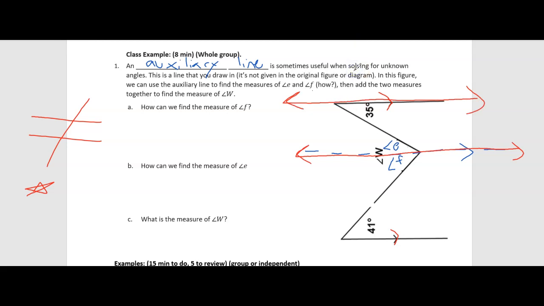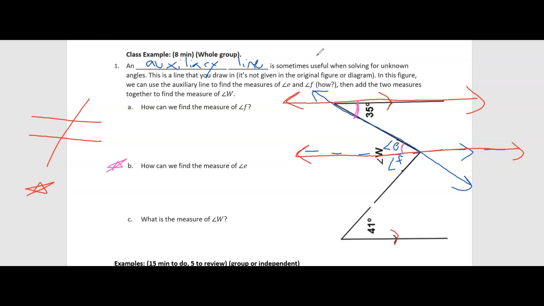And we have this blue transversal. So we're just going to focus on that diagram. And if we look at this one, we should notice that angle E, so this angle right here, has a relationship with this 35-degree angle up here. Those two angles are alternate interior. So how can we find the measurement of angle E?